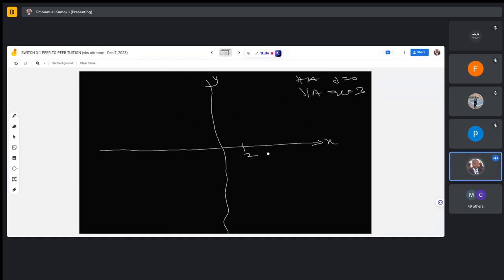Let's assume here is 2, 4, 6, negative 2, negative 4, negative 6. The vertical asymptote, we always use dotted lines, will be here. And the horizontal asymptote is the x-axis, so we don't need to draw it for sketching.